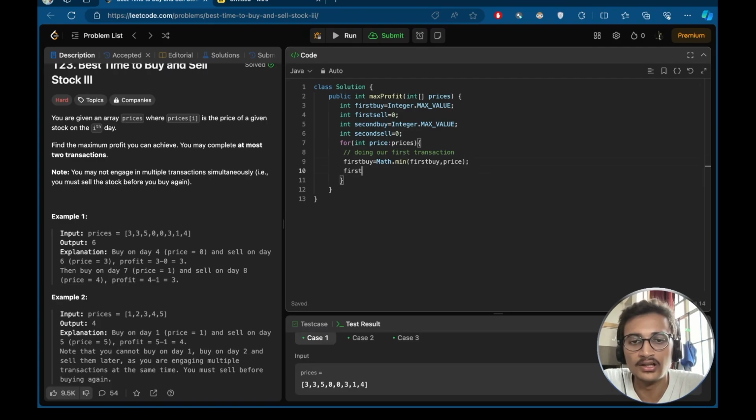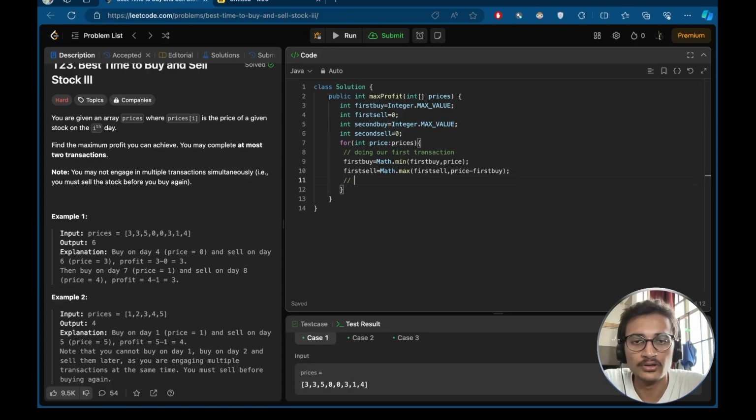Now let's try to sell it as well. First sell will be, because we have to maximize our first sell, Math.max of first sell and the profit, which will be our current price minus the price at which we bought the stock. So price minus first buy.